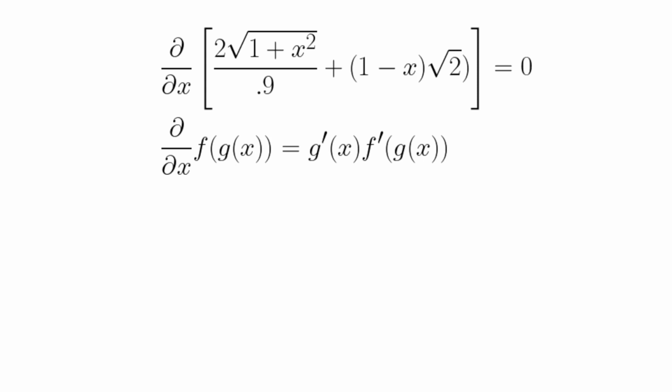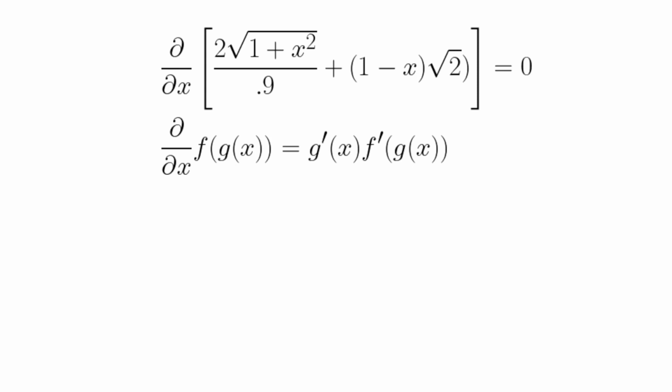If I think of g of x as 1 plus x squared and f of x as the square root of x, then I can nest those two things together. So f of g of x is the square root of 1 plus x squared, and I can take the derivative of that. That's just going to be the derivative of g of x, which, remember, g of x is 1 plus x squared, so the derivative of g is 2x.